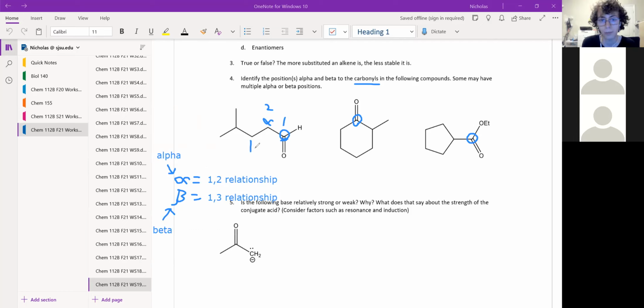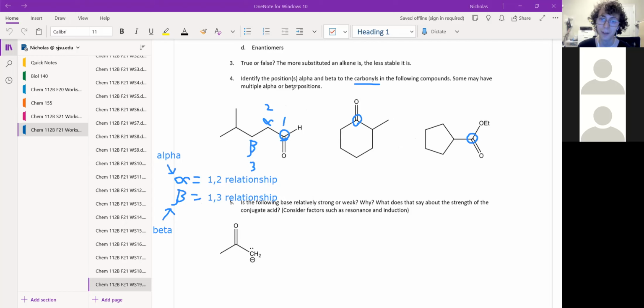So it'd be this one in this structure, because that's carbon 3 relative to the aldehyde. And it'll be the same idea with any other structure you ever look at. Alpha is just right next to the carbonyl carbon. Beta is 2 carbons away from the carbonyl carbon. So it's like a 1-3 relationship.